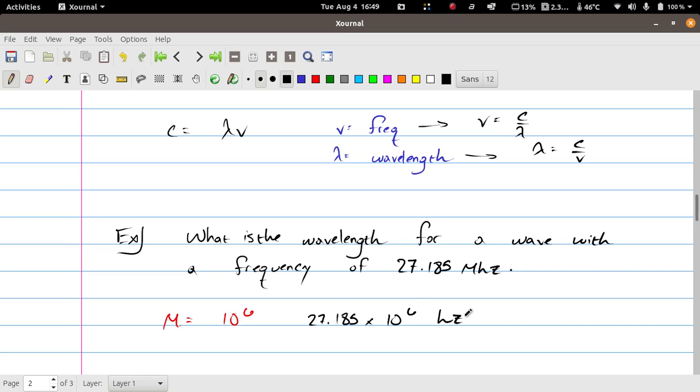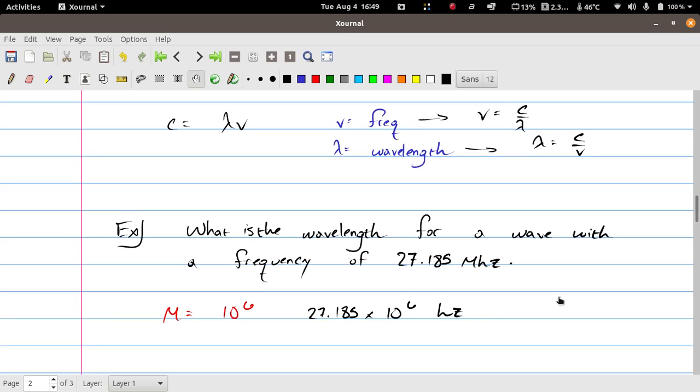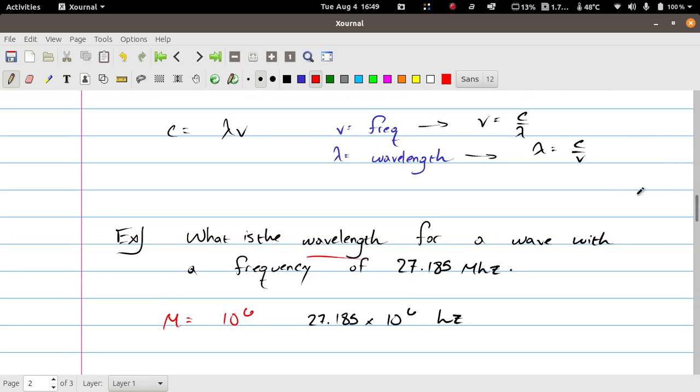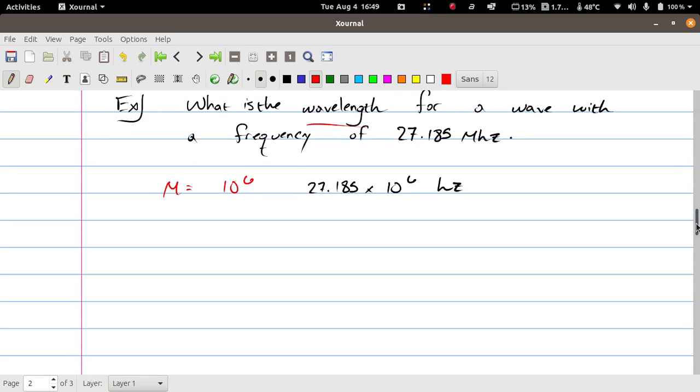Either way, I don't really care. But that would be how I would do it, because now you can figure out how to solve it. So we're looking for wavelength. If you go back up here, I gave you the formula. So we have lambda equals 3.0 times 10 to the 8 meters over seconds, and then that's times, let me make sure I write this.